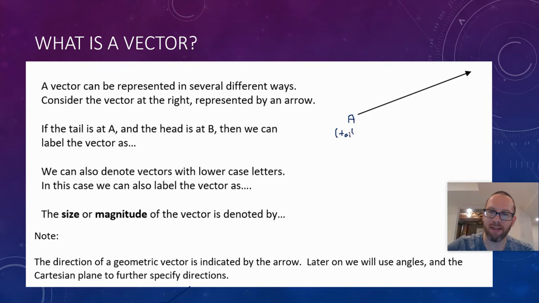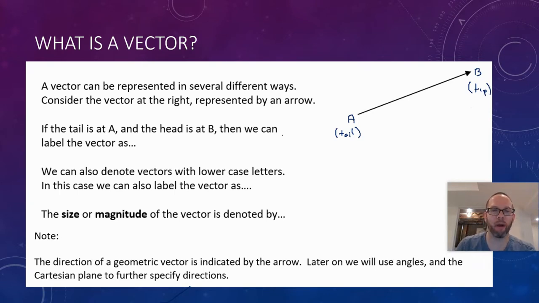Some notation. We describe the tail of the vector as where it starts. If this vector described how something was moving, it would start at A and finish at B. I call this point the tip of the vector. In some resources, it may be called the head of a vector.